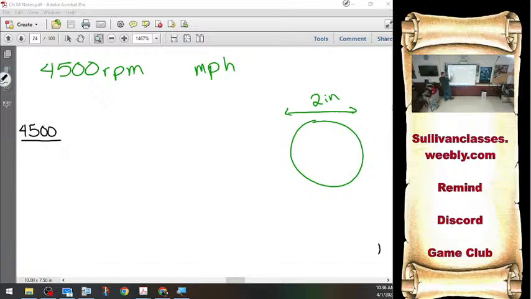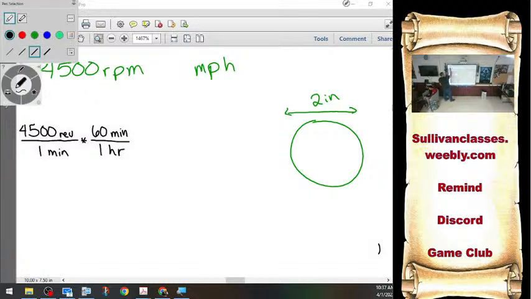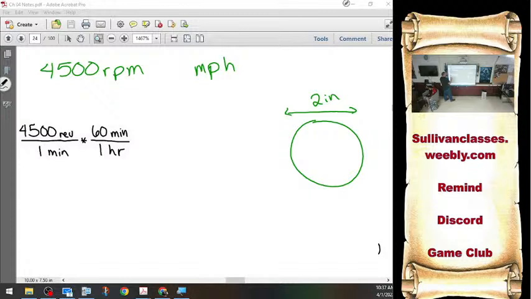4,500 revolutions to 1 minute. Switch minutes over to hours. Switch revolutions over to radians. You have radians.